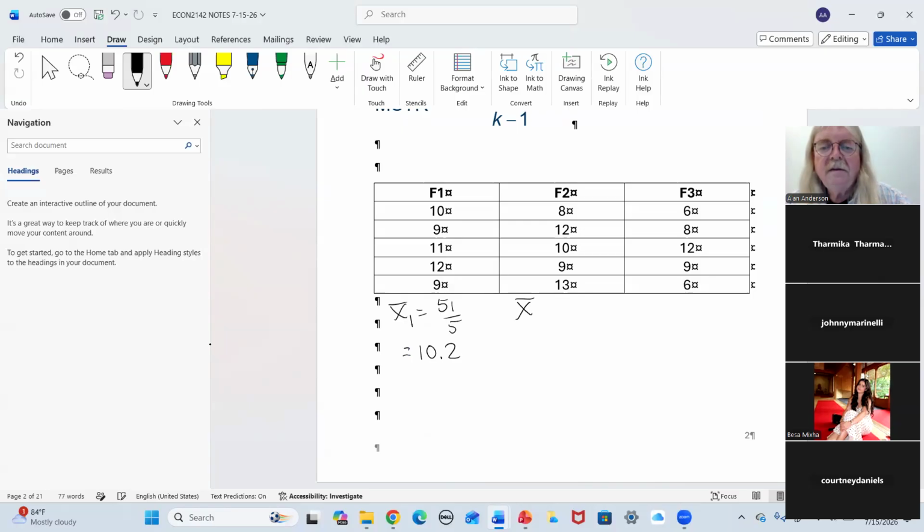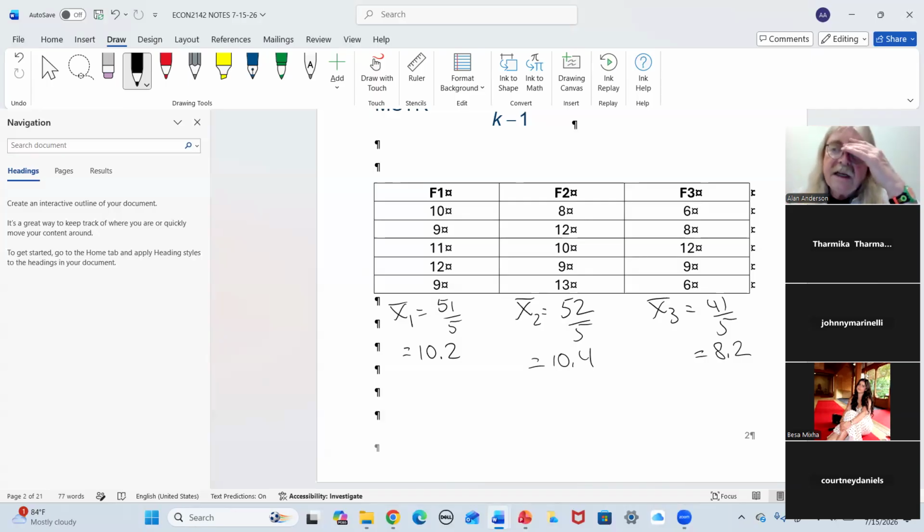This one is 52 over 5. It's only 41. So this one has the potential, at least, to be different than the other two. It is a bit smaller, as you can see.